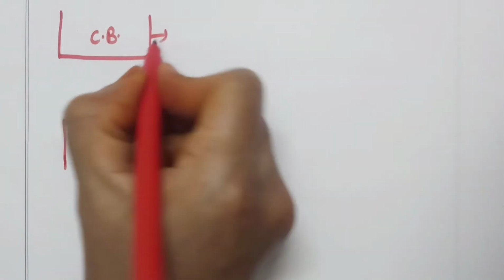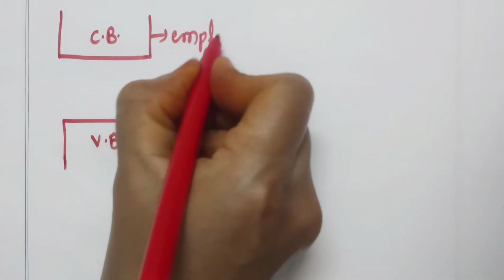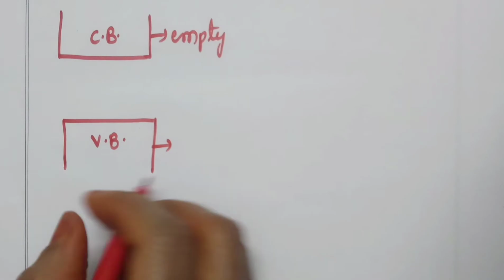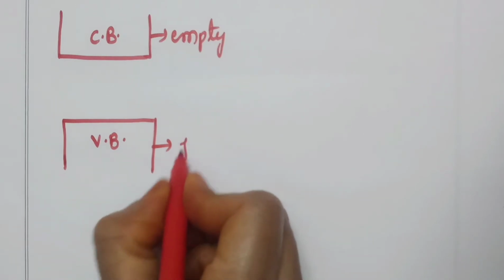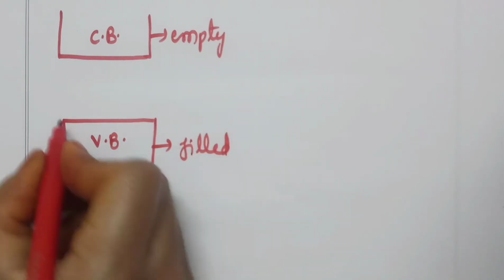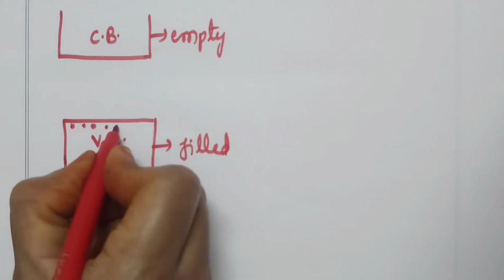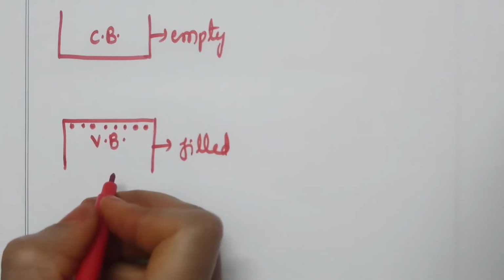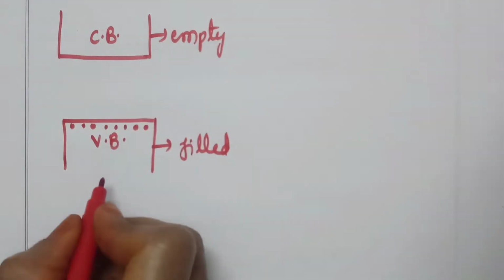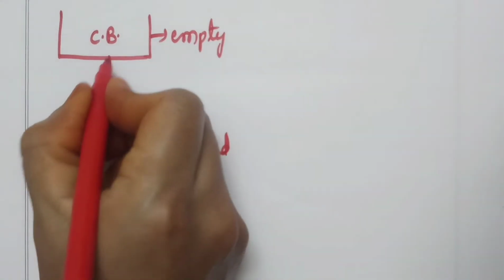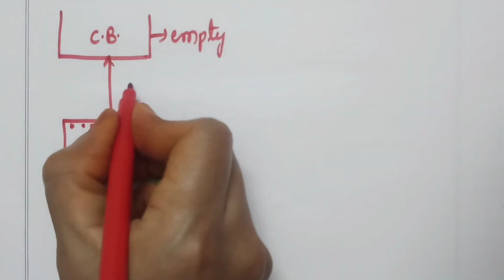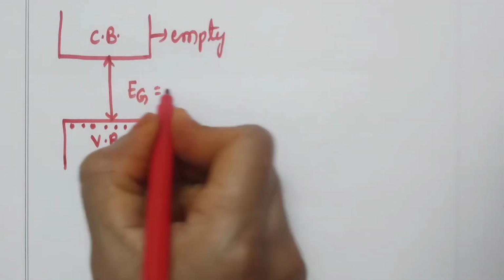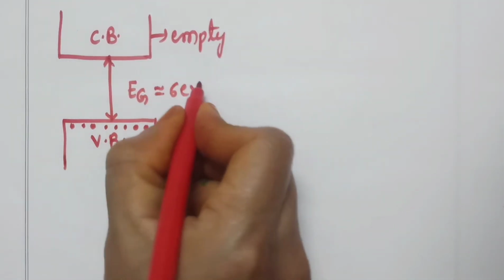The conduction band has no electrons, that means it is empty, and the valence band is filled with valence electrons. The electrons in the valence band are not supposed to move to the conduction band, as there is a long gap between the conduction band and the valence band, that is Eg is approximately equal to 6 electron volts.